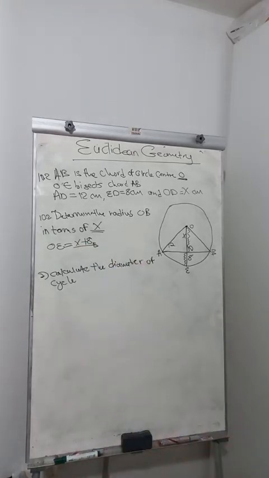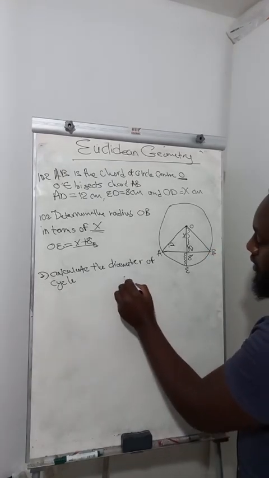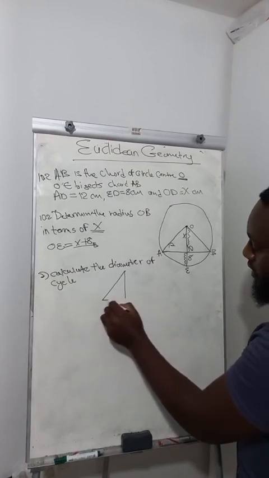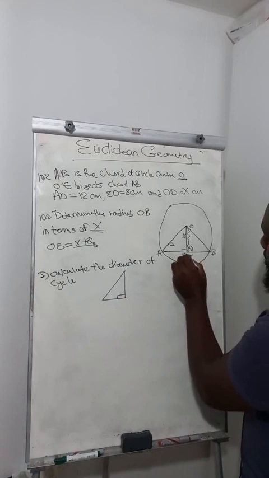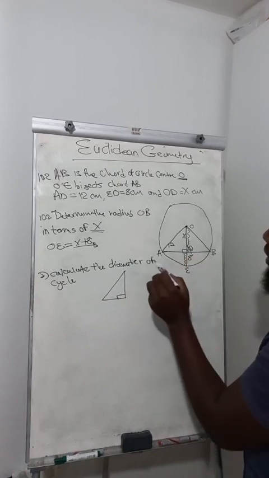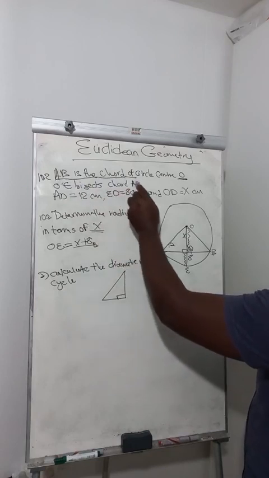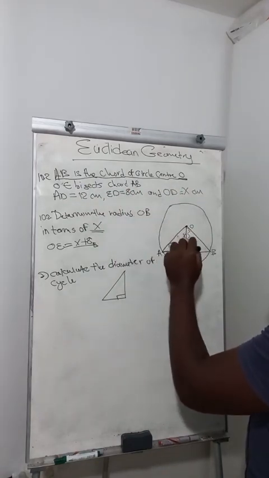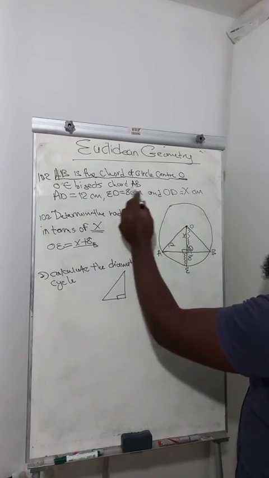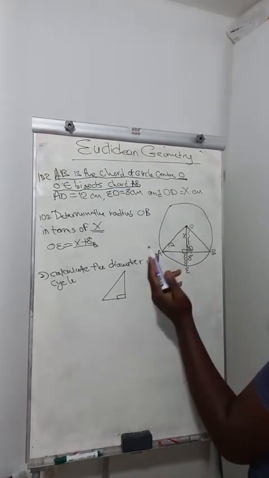By just looking at this, you'll see that there is a right-angled triangle. So in this case, this is the right-angled triangle. Why am I saying this? Because they said AB is a chord of a circle with center O, and they said OE bisects the chord AB.